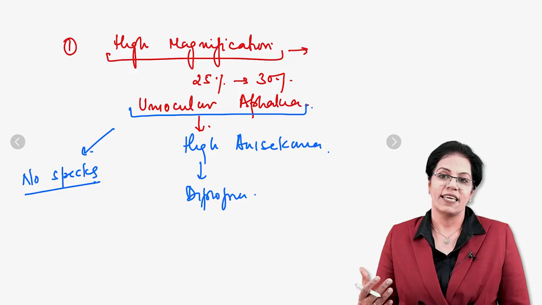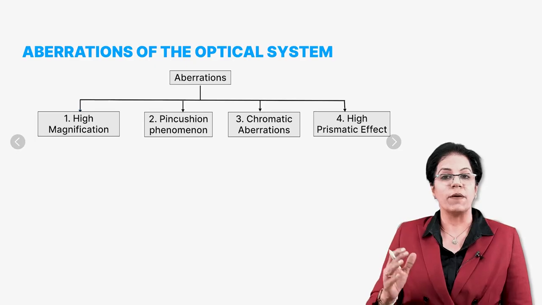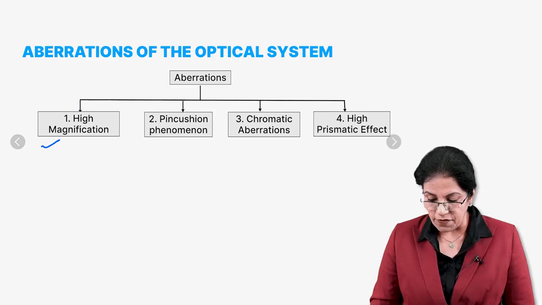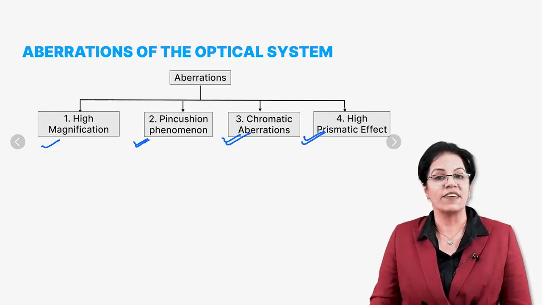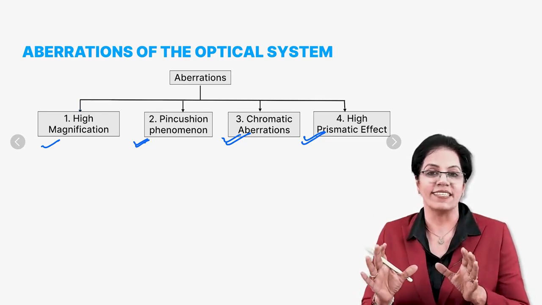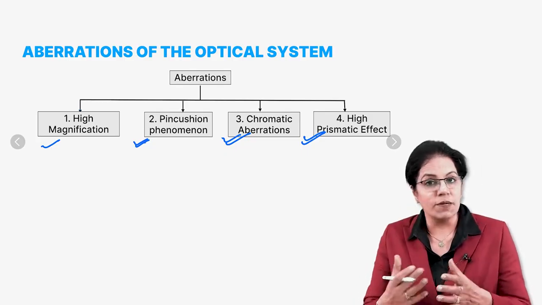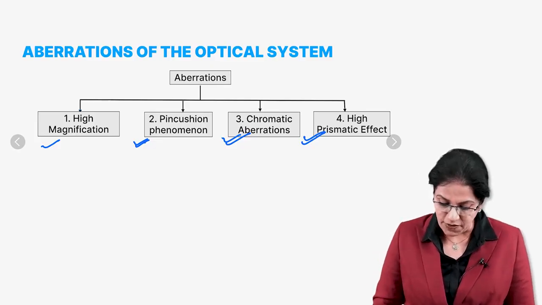Apart from magnification change, pincushion effect is due to high spherical aberration, and then chromatic aberrations and high prismatic effect. All these aberrations are present in lenses, whether convex or concave. Just remember, the more the number, the more the aberration. So we take one by one. High magnification you have understood.